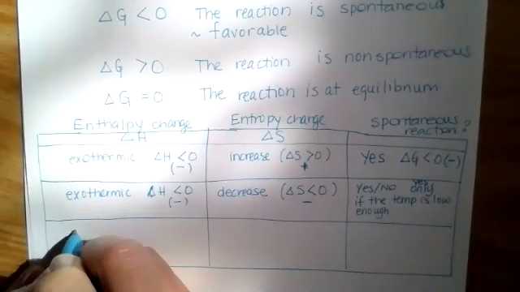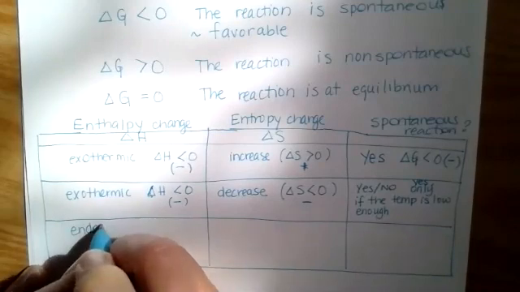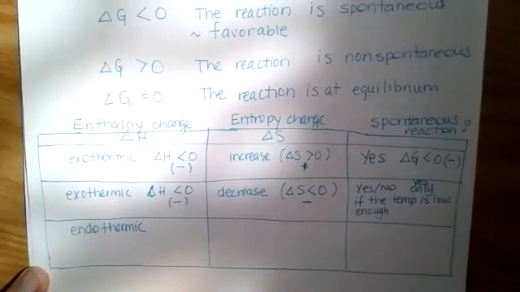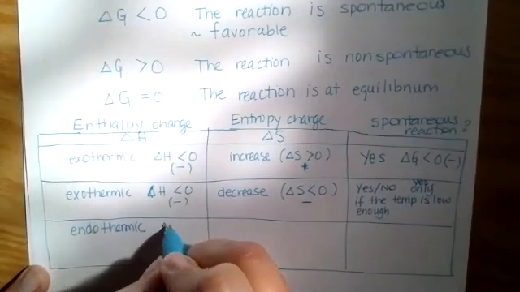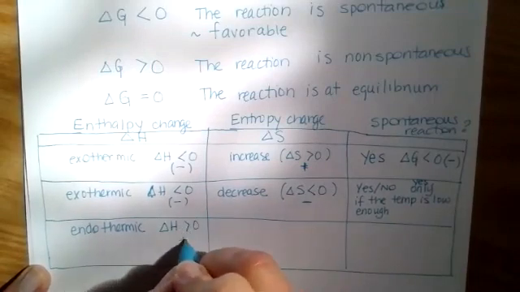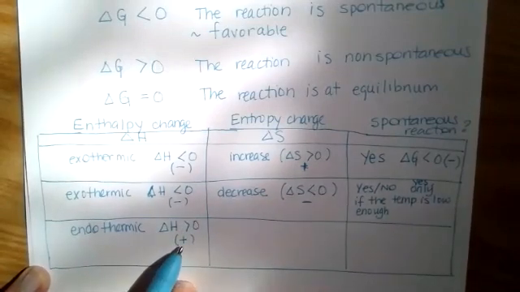All right, well then you can have an endothermic reaction. Not favorable. However, it happens. We have an endothermic reaction. It could still occur. Okay, so if you have an endothermic, let's remember what the delta H value would look like. That means you have a positive delta H value.